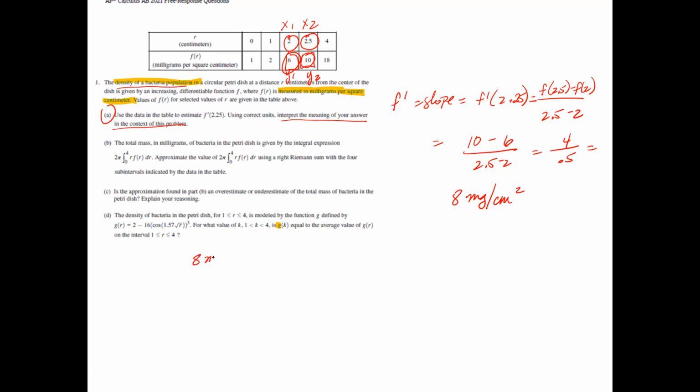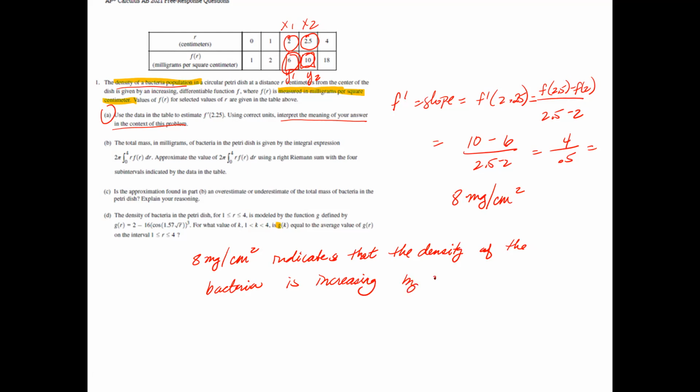So you can say 8 milligram per centimeter squared indicates that the density of the bacteria is increasing by approximately 8 milligram per centimeter squared at r equals 2.25 centimeters.